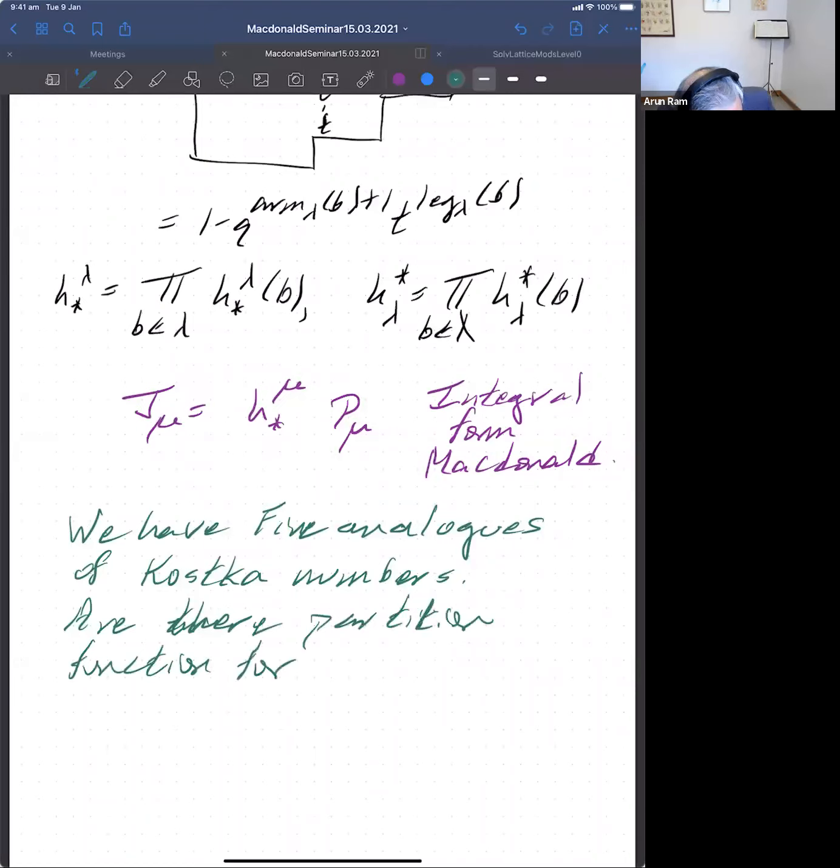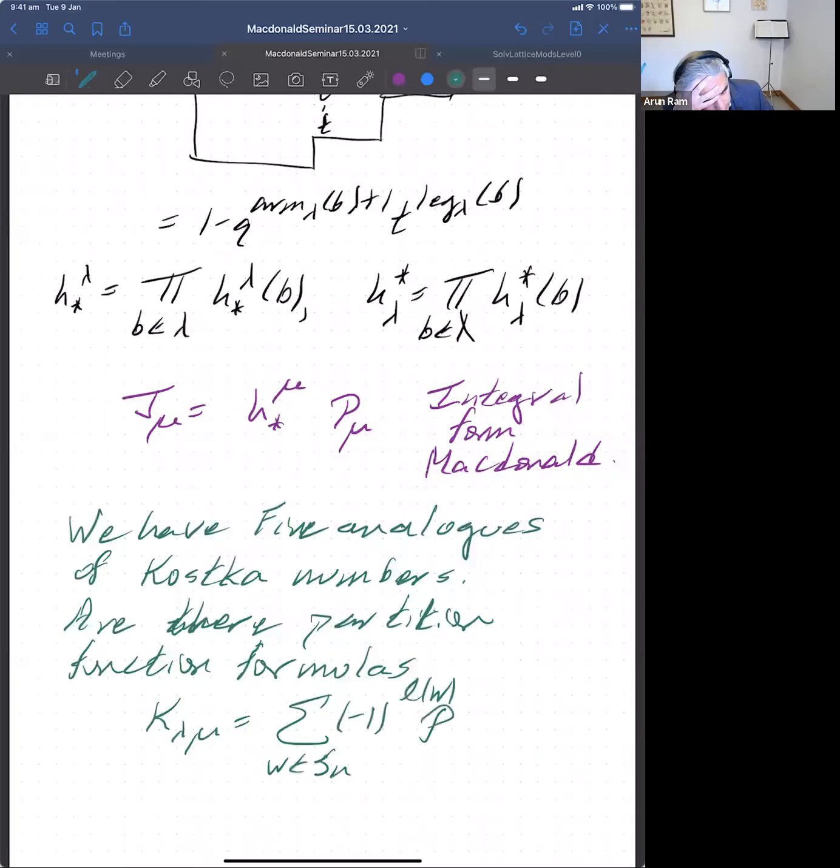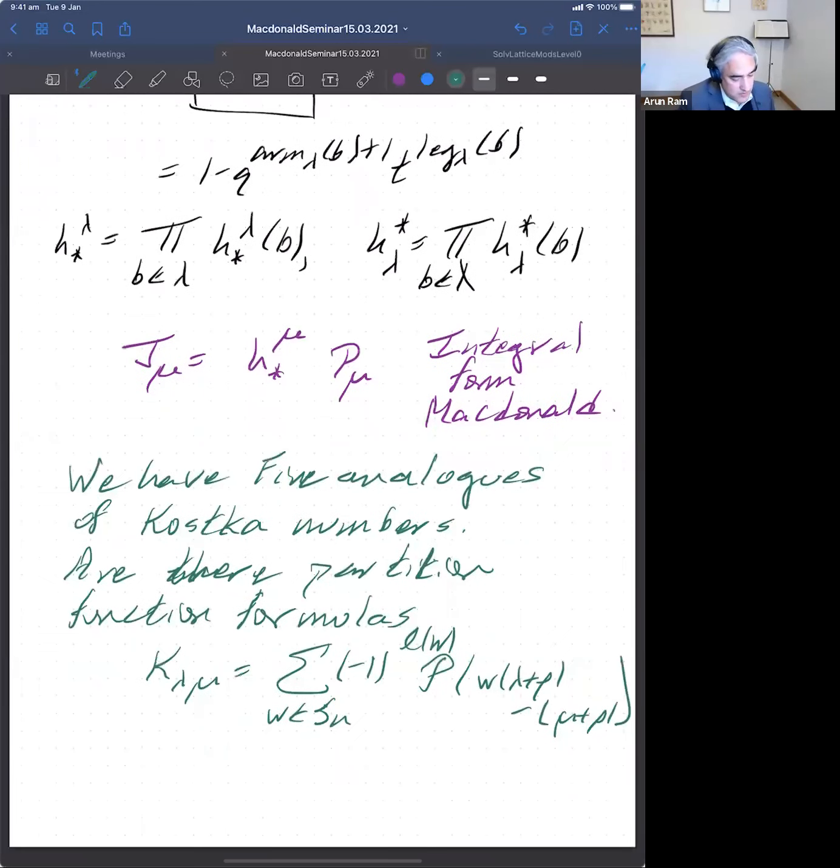So in the classical case, Kostant had given a very beautiful formula for the K lambda mu as well. I won't remember it exactly, but it's something like the sum over the symmetric group of -1 to the length of w, and then there's a certain partition function, and then some number, something like w of lambda plus rho minus mu plus rho. So this is called the partition function formula. It's an alternating sum formula, and you would like to have some QT analog of this in all of the cases, and I really have no idea how to build those.